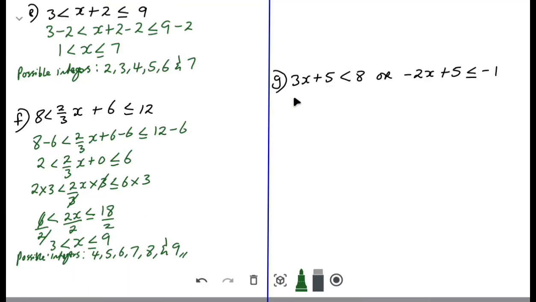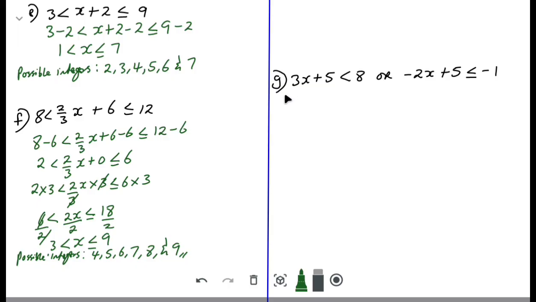So let's consider the final question. Say we should solve 3x plus 5 less than 8 or minus 2x plus 5 less than or equals to minus 1. So we solve separately and we find the possible value of each inequality given here.